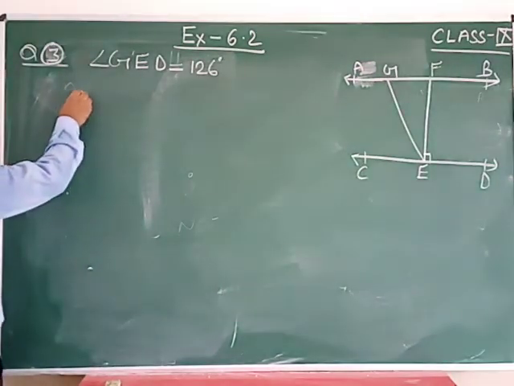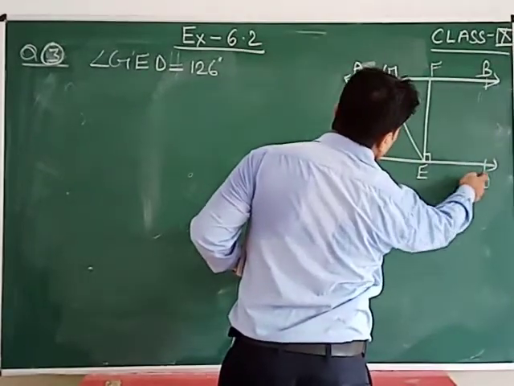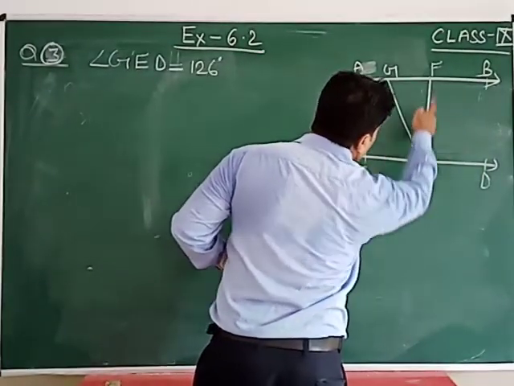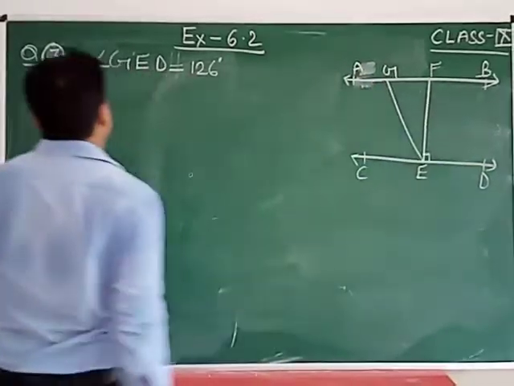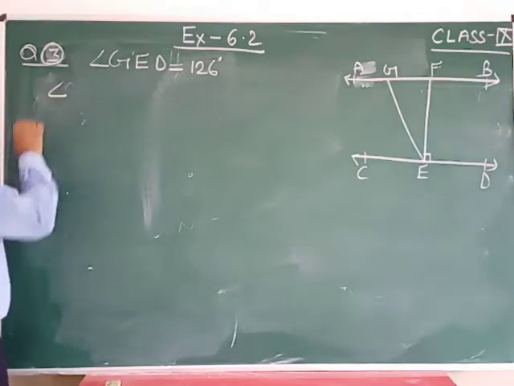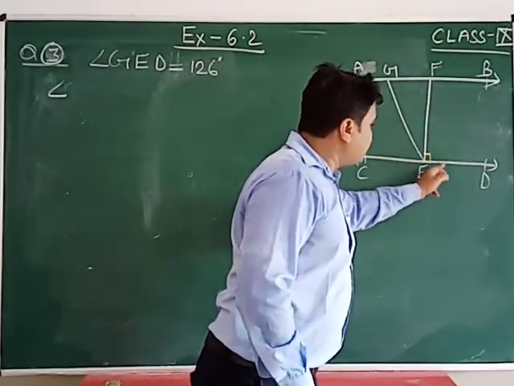Angle GED is 126, as you are seeing in the figure, but you can write GED as GEF plus FED. You can write angle GED as this whole angle, this angle plus this angle.